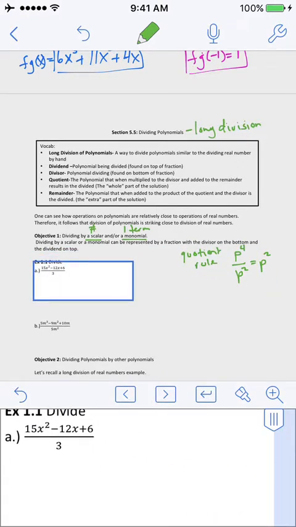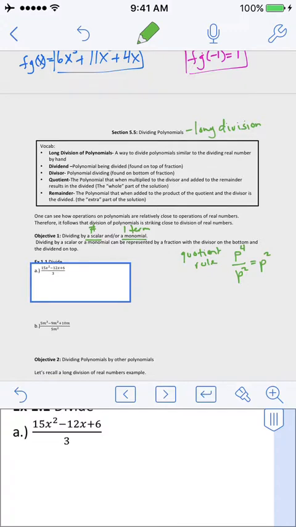So we have 15x squared minus 12x plus 6, this nice trinomial, all being divided by 3. Remember, that's what a fraction means, the top divided by the bottom. In order to do this, I'm going to split up this trinomial into 3 separate fractions, each monomial being divided by 3.